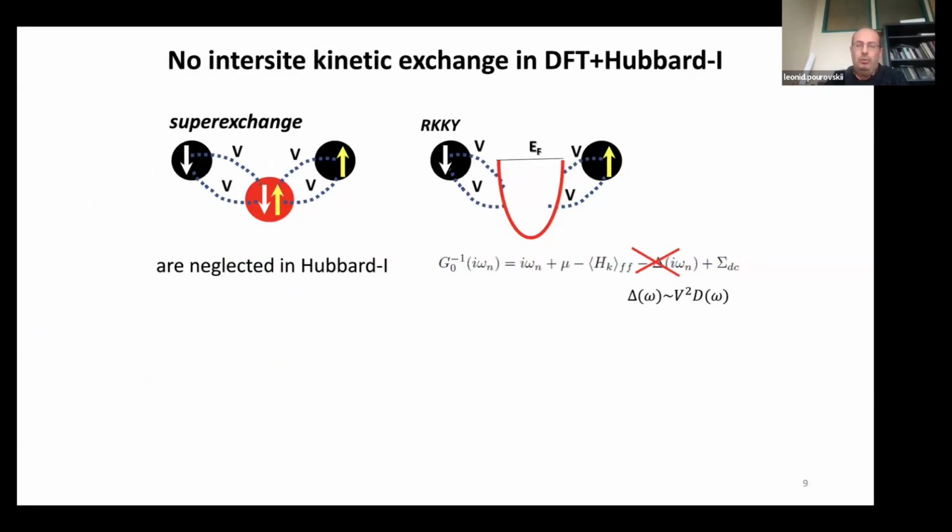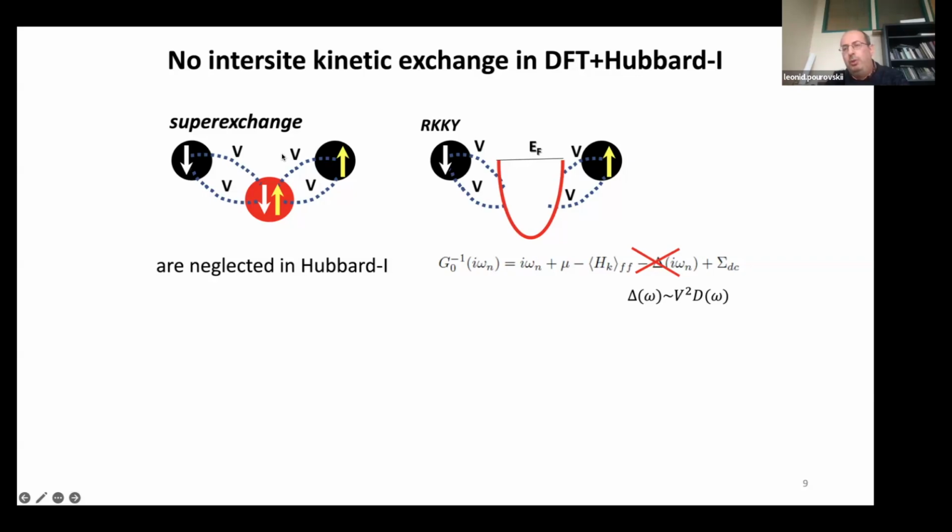However, if you want to calculate ordering phenomena, we need to include superexchange or kinetic exchange, which is really the driving force for the order in compounds like double perovskites. And it's obvious that if we simply run some broken symmetry phase as in the usual DFT approach and expect it to be stabilized, this will not happen within DFT plus Hubbard 1. Since we canceled the hybridization function, we simply don't have superexchange.